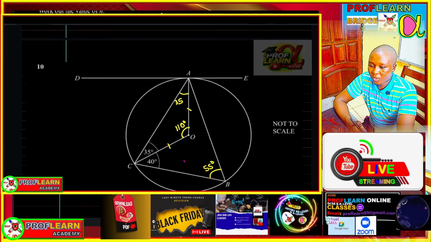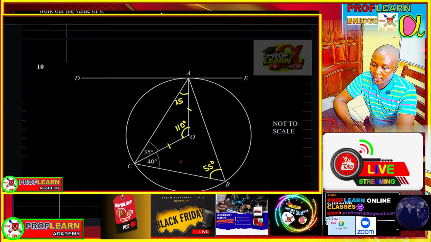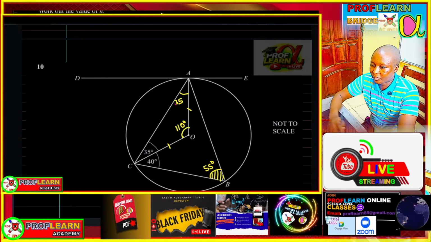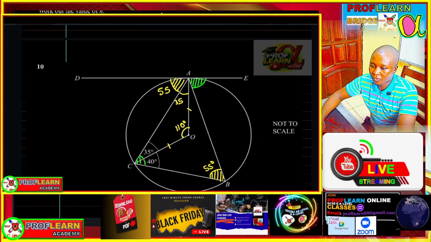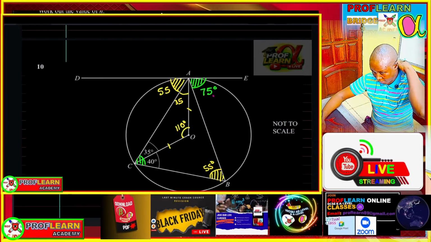Then we can also remember another concept, that this angle is in alternate segment with B, so this is 55, and this angle here is in alternate segment with angle ACB. So that is 35 plus 40, which is going to be 75. The whole of this angle is in alternate segment with this, which is going to be 75. Yeah, 75 there.